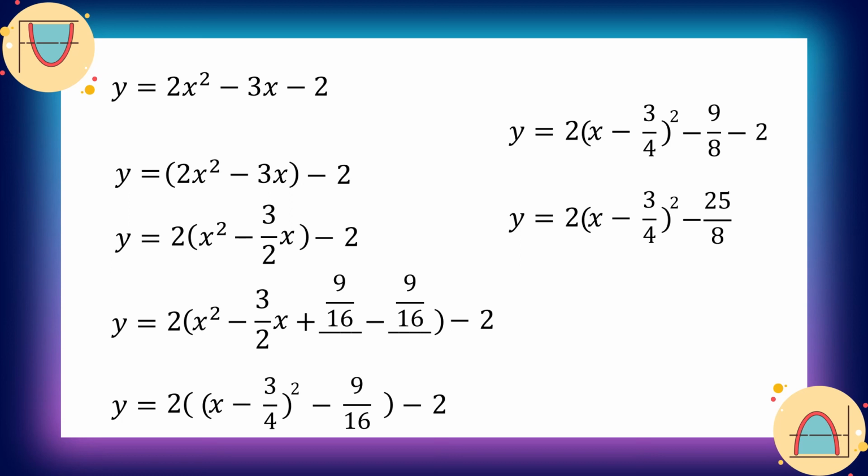With this, we can now identify the values of h and k. For the value of h, we simply get the opposite of negative 3/4. So h is equal to positive 3/4. For our k, it is equal to negative 25 over 8.